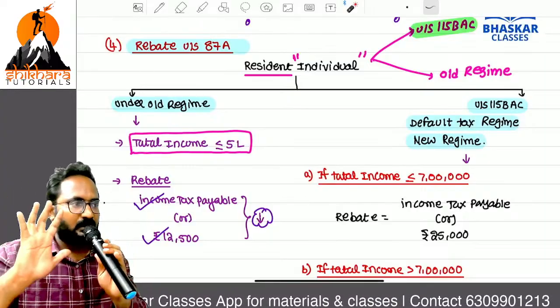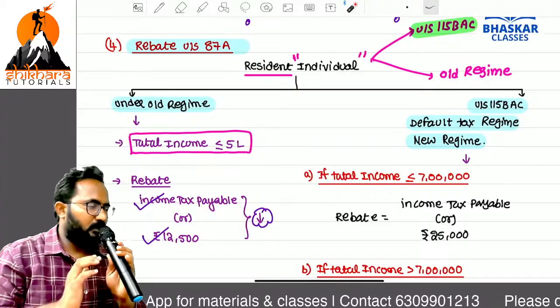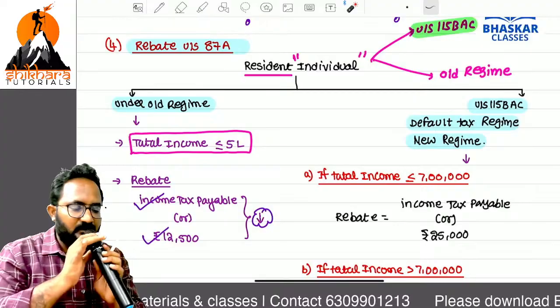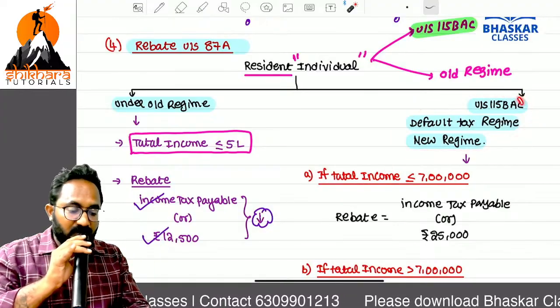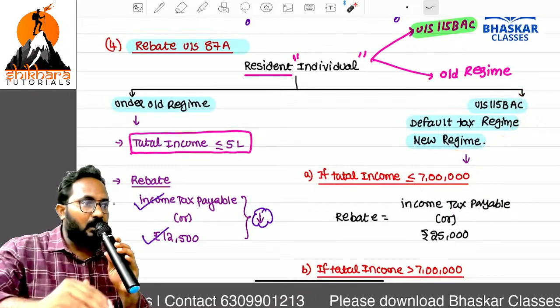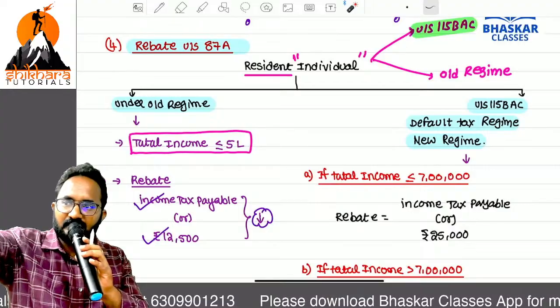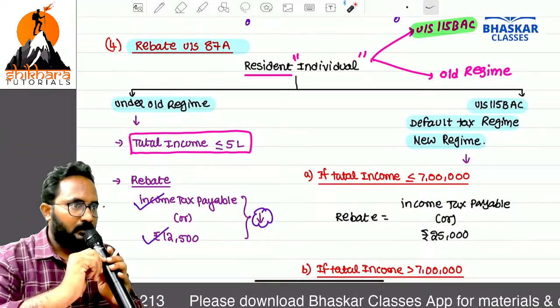So to be honest, forget about deductions, etc. If your total income is 6 lakh, which regime is better? The default tax regime is better. So most of the SSEs will try to take this rebate option by using this regime. That's why they also mention this regime as the default tax regime while filing the ITRs. This is the only reason.